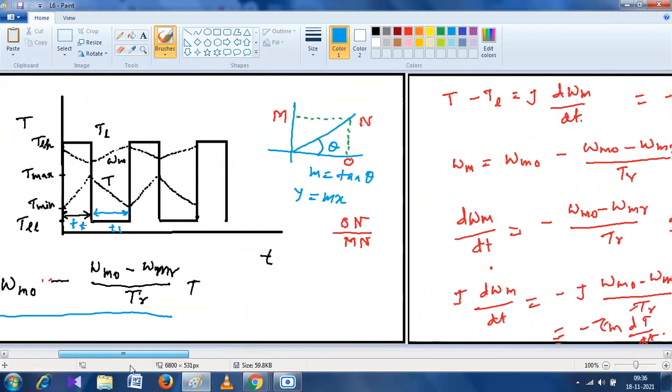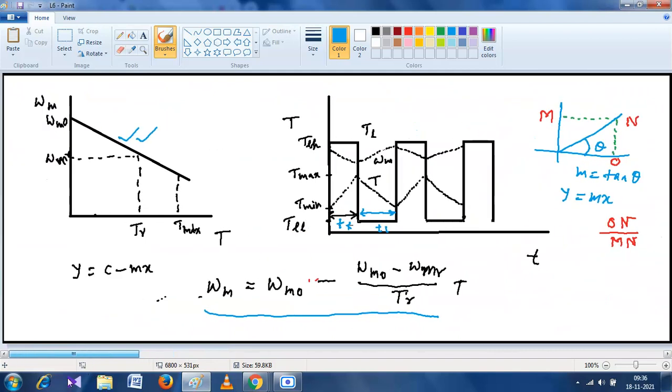So from that graph, tell me what is the highest value of torque from the torque characteristics of the machine, or say load and machine.